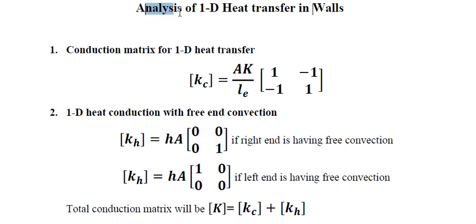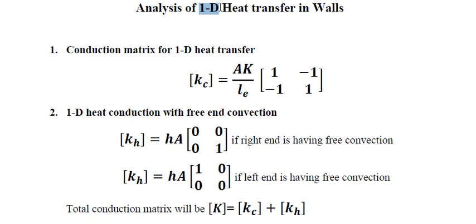Today we shall learn about analysis of 1D heat transfer in composite walls. I have already told you what is 1D. 1D means one directional heat flow, which means the analysis is one dimensional.